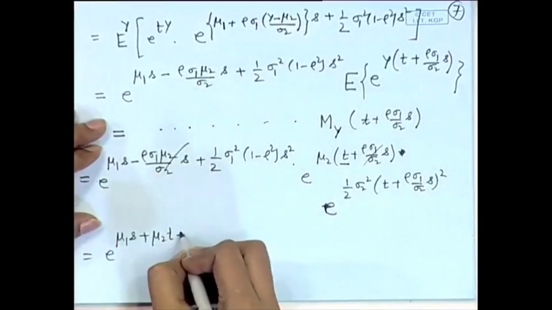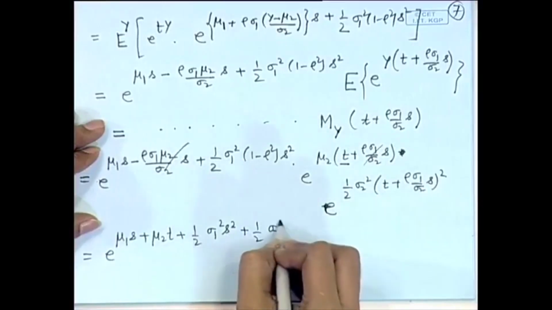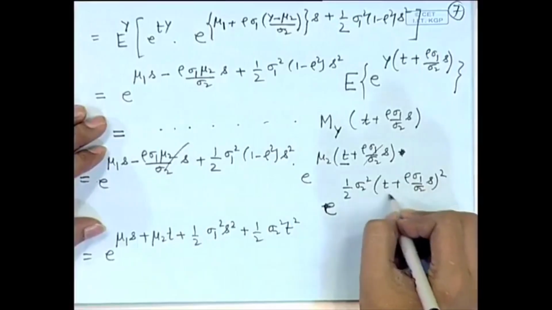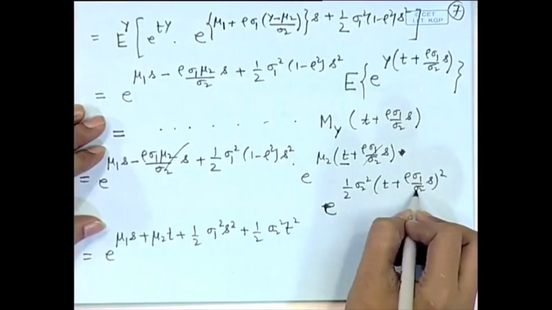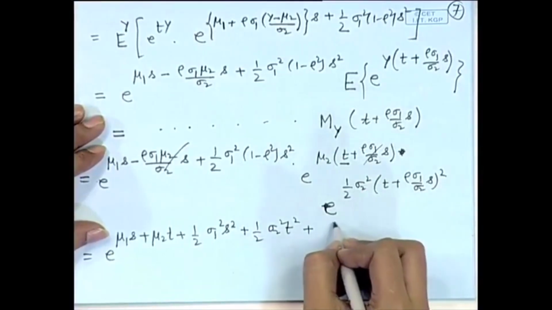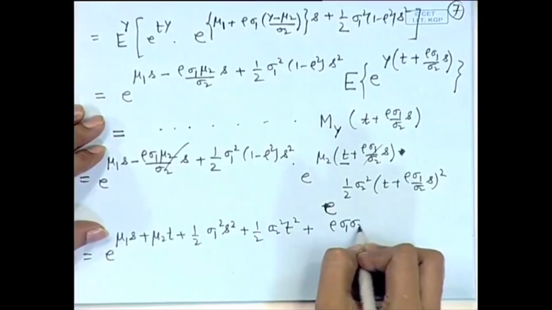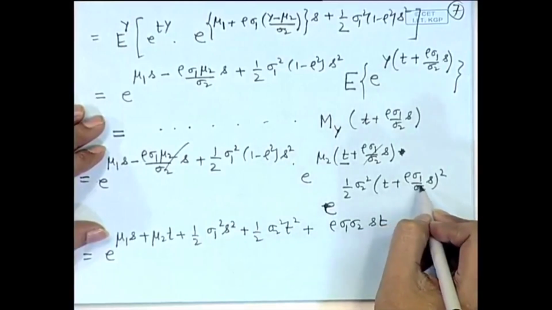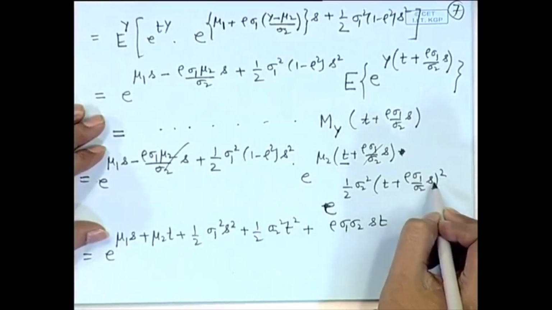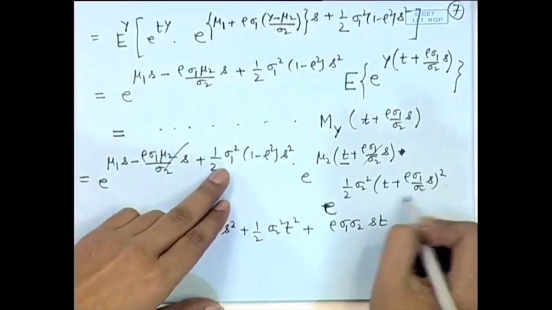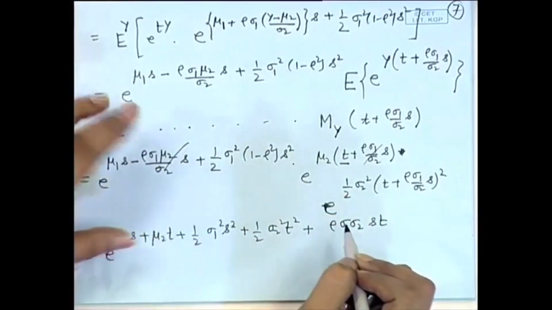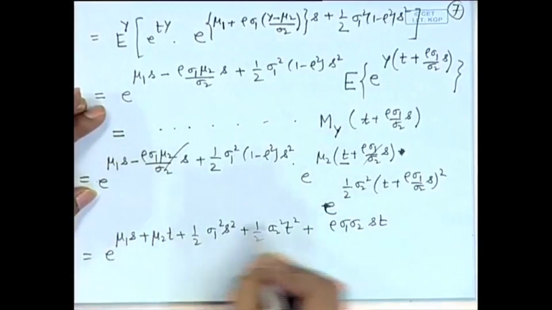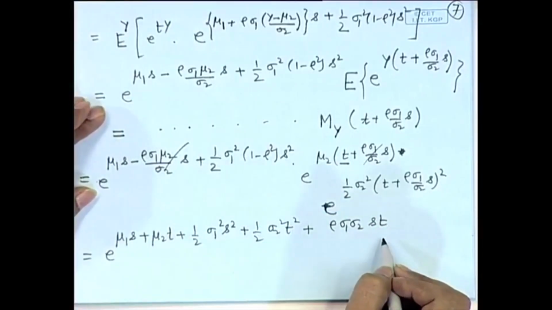Then we have half sigma 1 square s square and half sigma 2 square t square. Now, when we take the square here, it becomes twice rho sigma 1 by sigma 2 s t, so with sigma 2 square you will get plus rho sigma 1 sigma 2 s t. And the square term here, rho square sigma 1 square s square with a half, will get cancelled with minus half sigma 1 square rho square s square. So, we are left with this term as the MGF of the bivariate normal distribution.